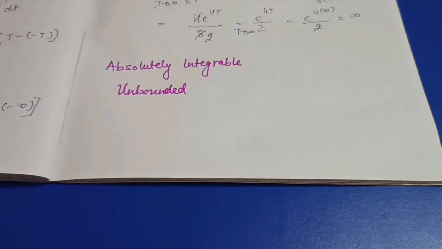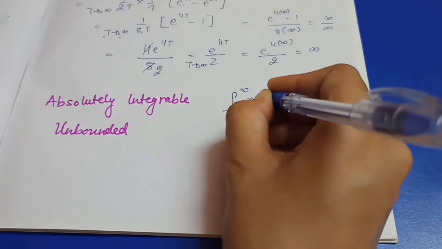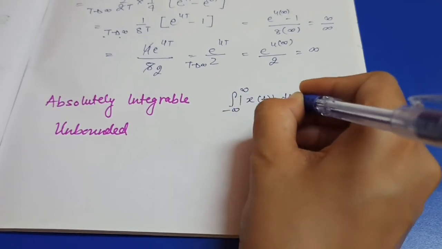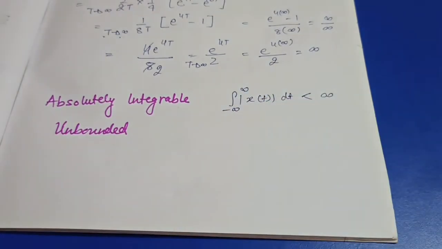Okay, before going further, let us discuss two terms in detail. The first one is absolutely integrable and the other one is unbounded. Most of the students get confused by these terms, right? So absolutely integrable means any signal whose integration should be less than infinity, right? Integration of |x(t)| dt should be less than infinity.